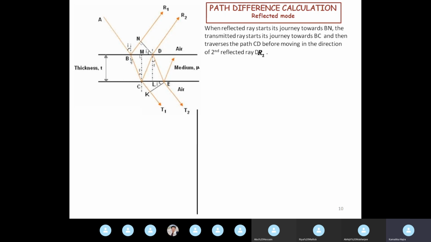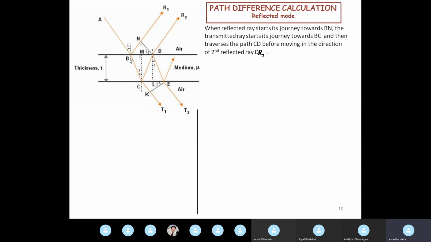Please listen very carefully and try to understand. We are going to calculate the path difference between these two rays, BR1 and DR2. They are parallel, so they do not meet until reaching infinity, but that problem we solved because we said that we will make them meet on the focal plane of some observing instrument. Now you have to understand that BR1 and DR2 are not starting their journey from the points B and D at the same point of time.